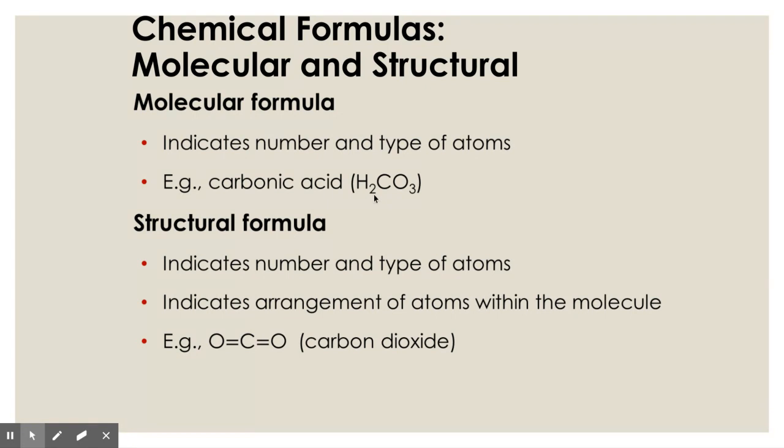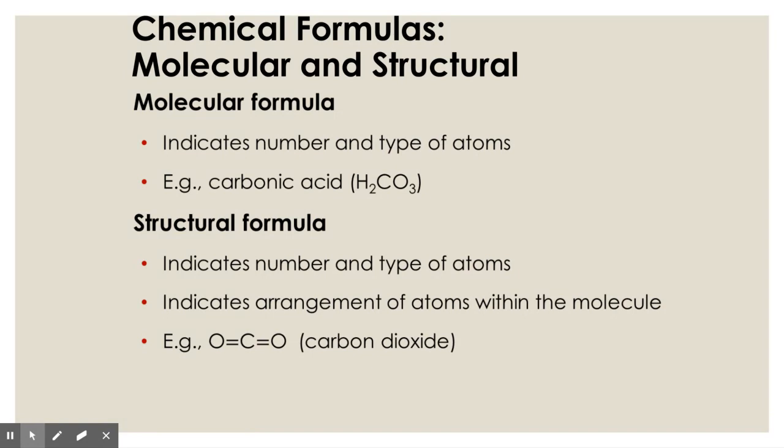And this little subscript of a 2 means that there are 2 hydrogens. And then, of course, a carbon, and then an oxygen. And this little subscript of a 3 means that there are 3 oxygens. Benefits to this molecular formula: it's concise and it tells you how many of each kind of atom there are and what types of atoms, what elements are in this thing.